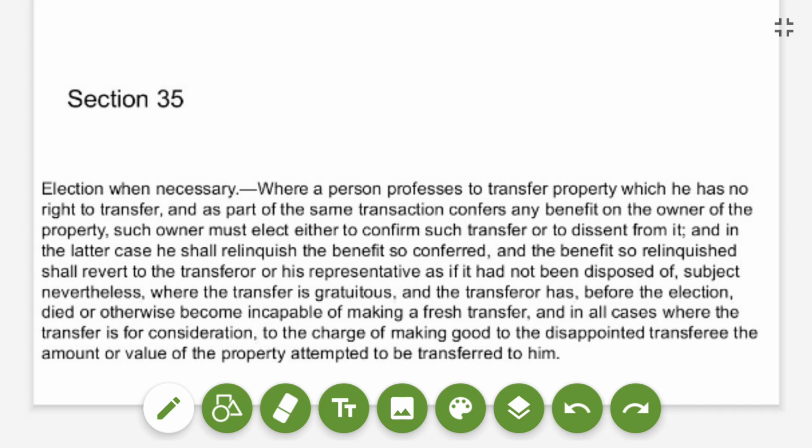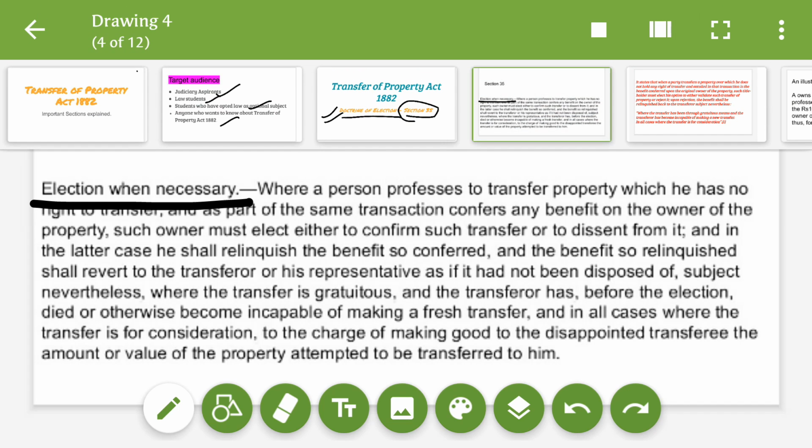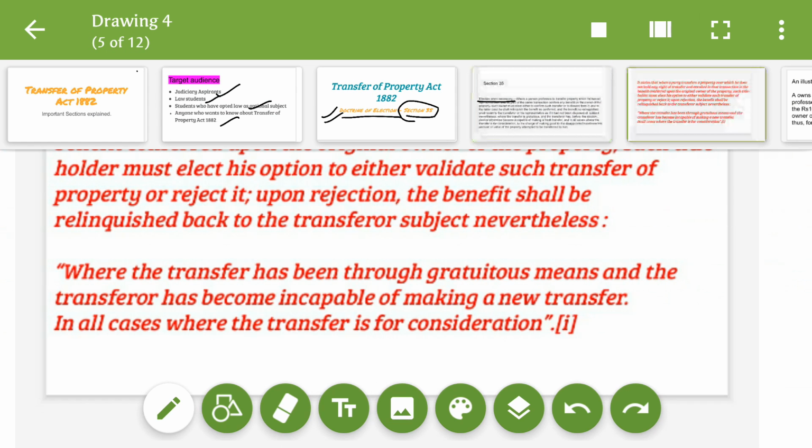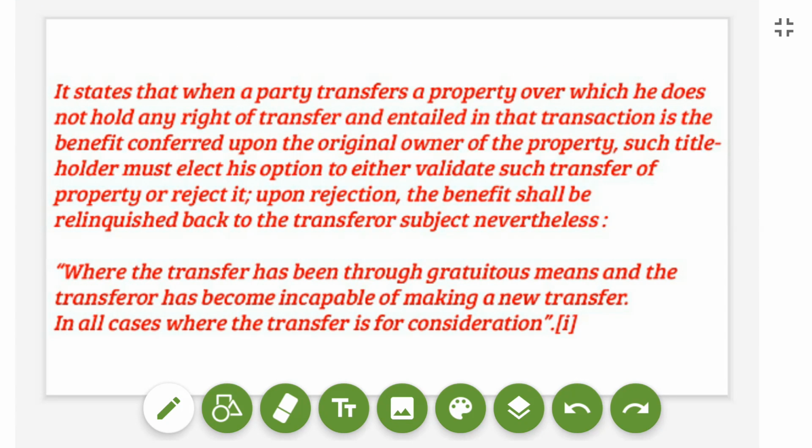So first of all, election when necessary. What is election? If you people are living in India or anywhere in the world, election is a very common word.